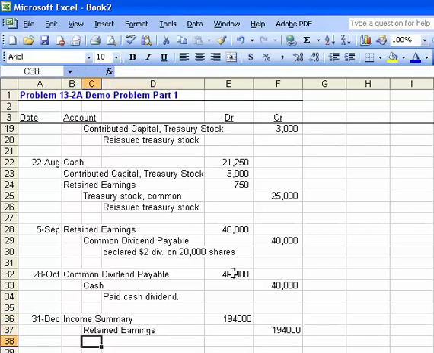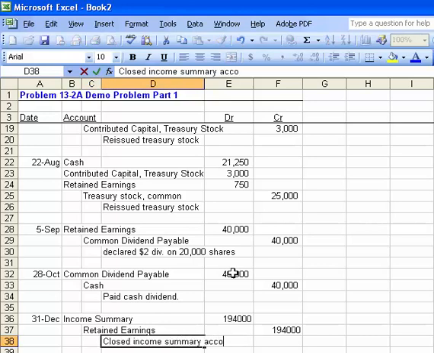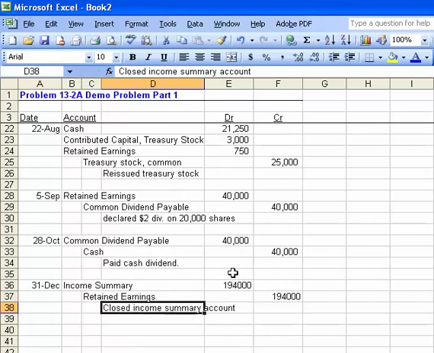Our debits for this entry equal our credits, and we would label the purpose of this. Let me slide this up so you can see that a little better. And that takes care of part 1 of problem 13-2A, one of the assignments for this week.